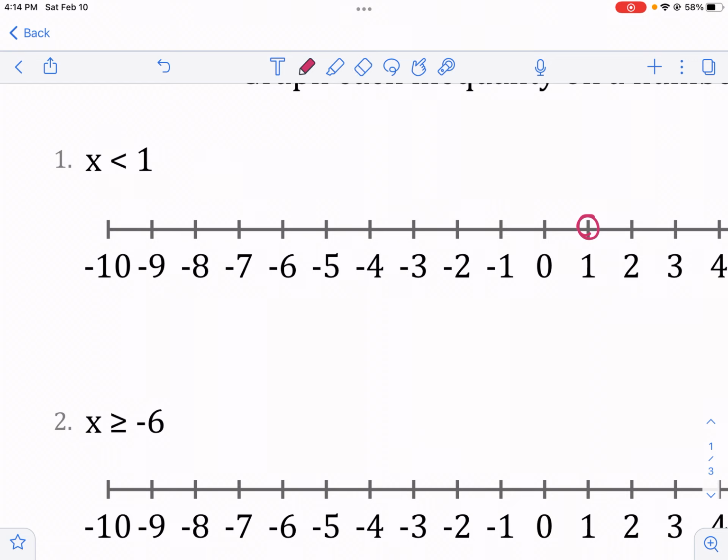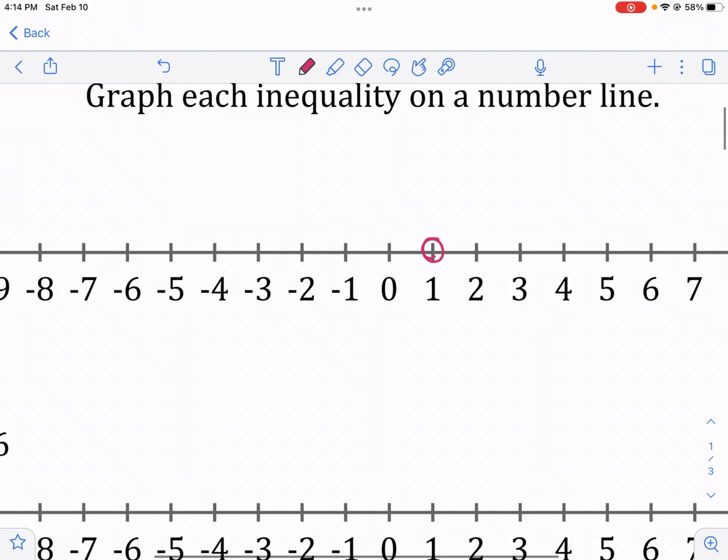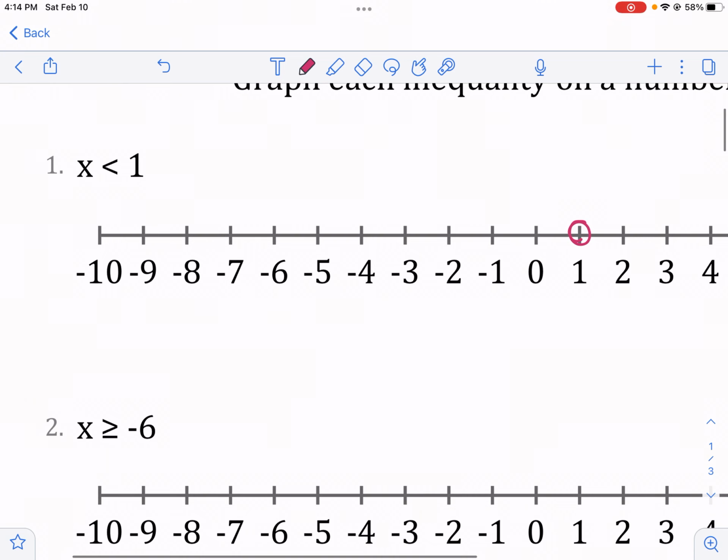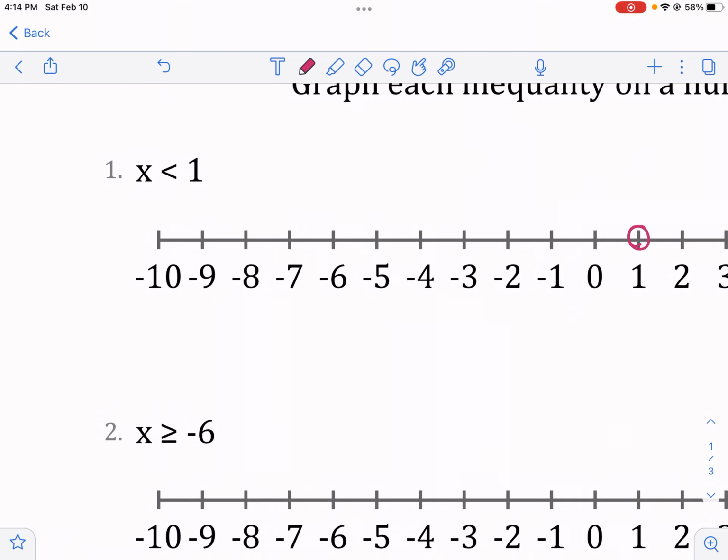Now, what direction should we graph our inequality here? Should we go to the right, to the left? What do we do? One of my biggest pet peeves is when teachers say, oh, if it's facing to the left, that means you just graph it to the left. It does in this case, but you have to be careful with that because sometimes it might be drawn like this, and then you might accidentally graph it to the right, and that's not true.